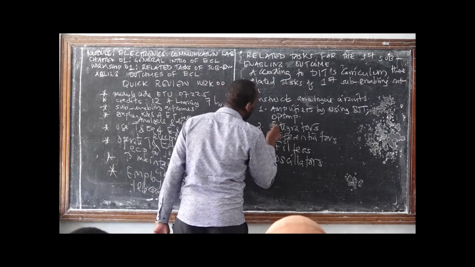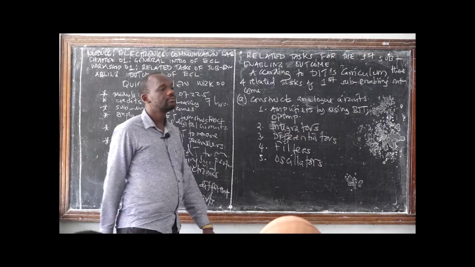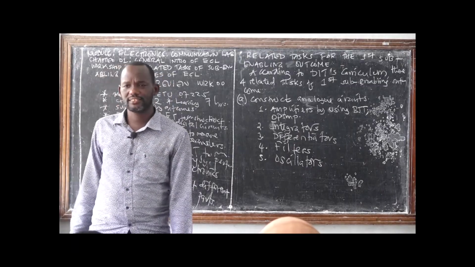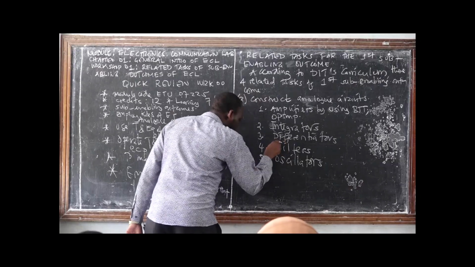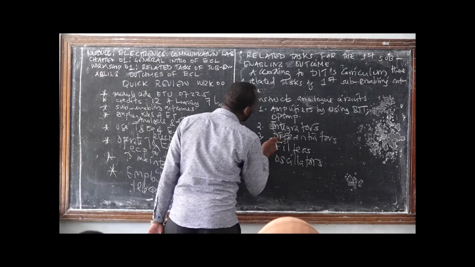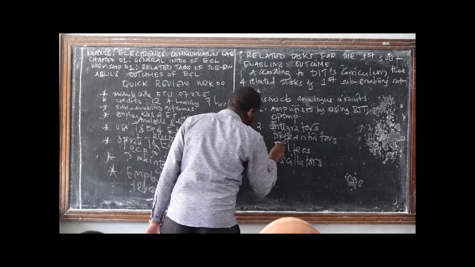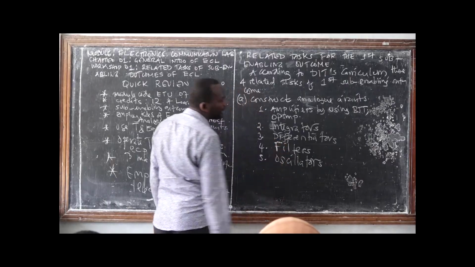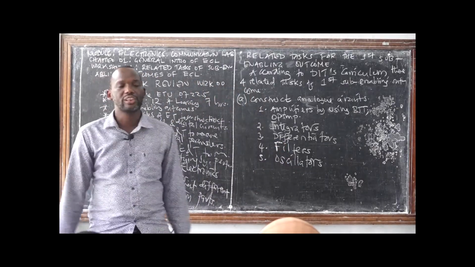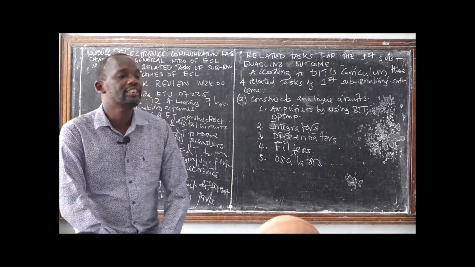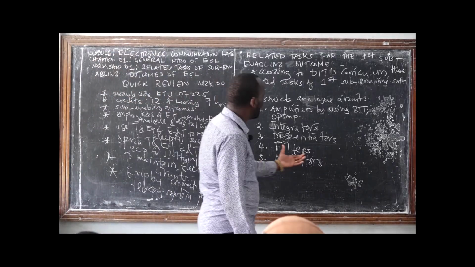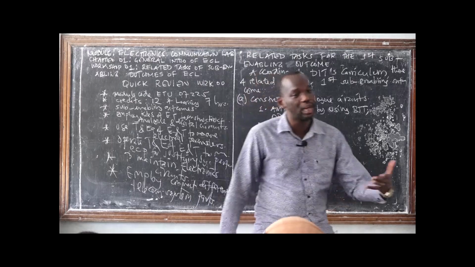Then class, let us say differentiators. Say filters. When we mention filters, we have two categories of filters in electronics: power filters and electronics communication filters. When you talk about filters, we don't mean the filter unit in a linear power supply.